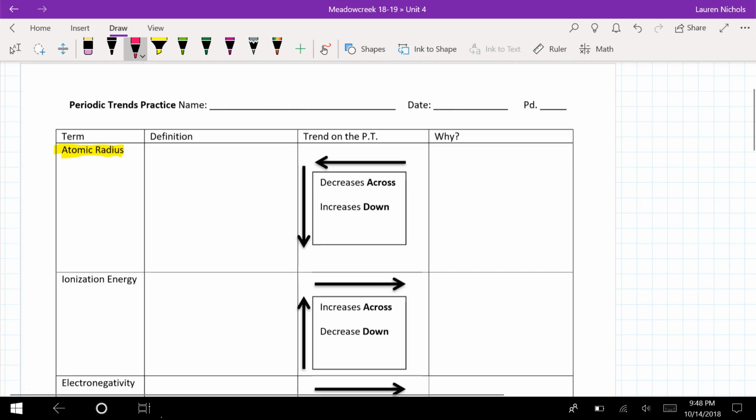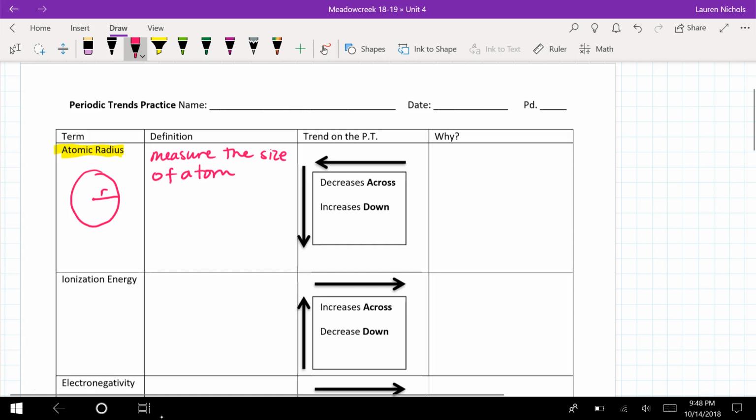The first thing is the atomic radius is used to measure the size of an atom. Think about radius: if you have a circle, from the center to the outside is the radius. With an atom, it's difficult to measure where one atom ends and the next starts, so they use half the distance between two nuclei.